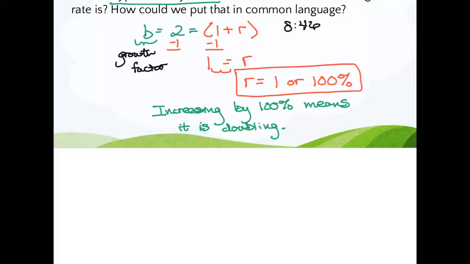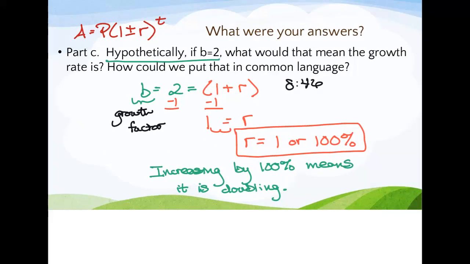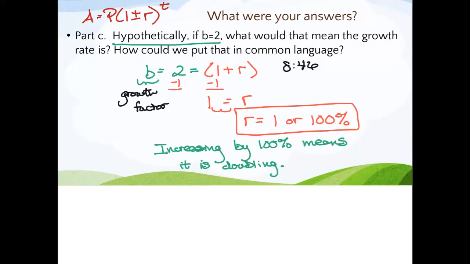Okay. So let's see. What does it mean in everyday language? Yes, basically it is doubling. I was trying to see. Oh, weekly percent growth. So it is doubling every week. I forgot to actually look. Oh, it doesn't say it there, but it says it in the book.